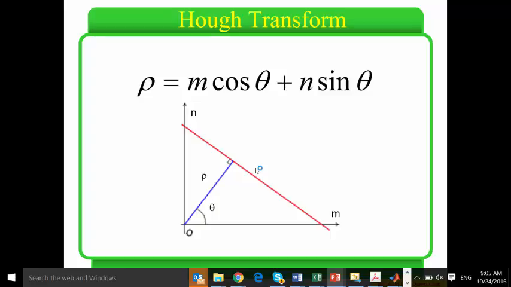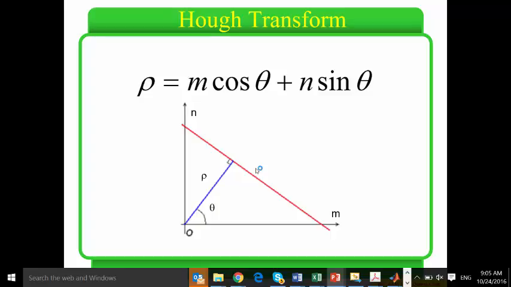Let's consider something like this. Assume that this red line is the line that I want to identify. Its equation can be written like this: rho is equal to m cosine theta, where m here is on the horizontal axis, and theta is this angle, which is the angle made by the line perpendicular from the origin to the line that I want to identify, plus n, which is the value that appears here on the vertical axis, sine theta.